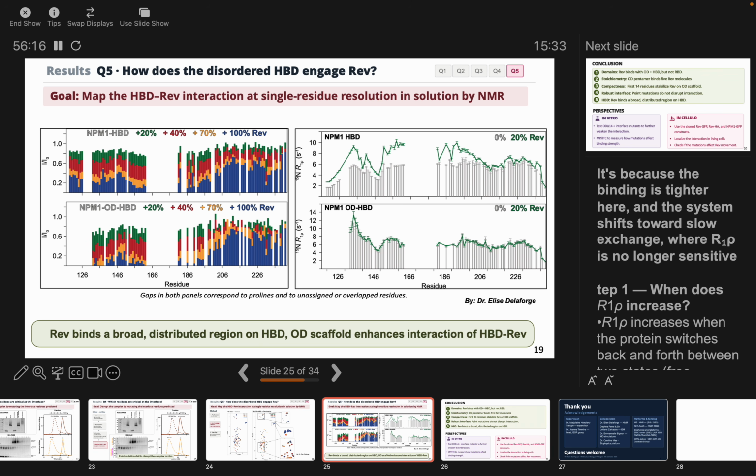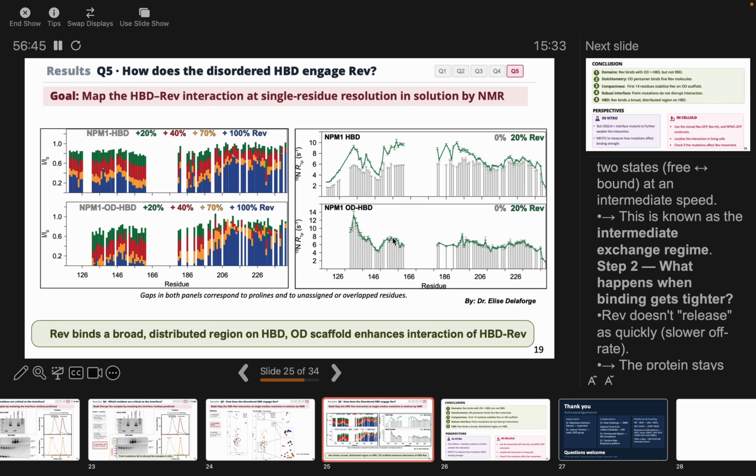Can you really not predict, or do you have an idea? Do you think that the C-terminal part of the HBD is involved in the interaction? Yes. The C-terminal part of HBD? The C-terminal is no. This part. No, it's not in the interaction.